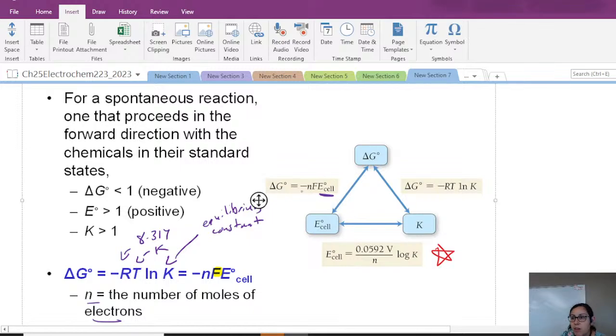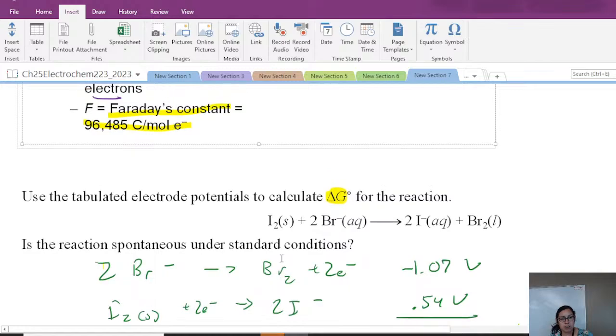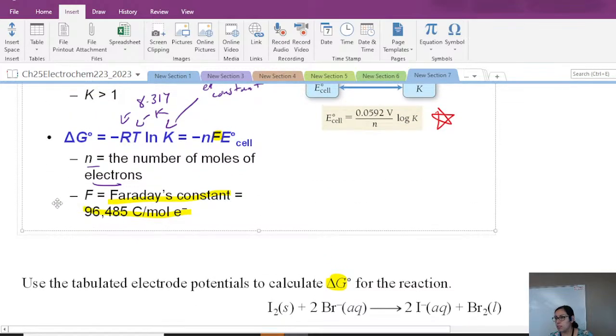Had we gone further, our N would be 6 to have the same number of electrons backwards and forwards. And if we were calculating K, same thing, N would be 6 there. The F is Faraday's constant, so it'd be this number for that equation.